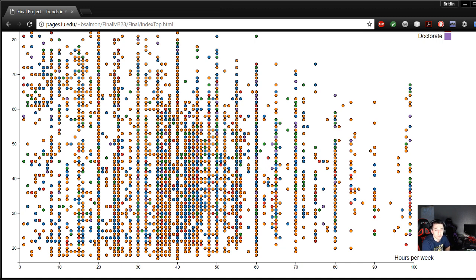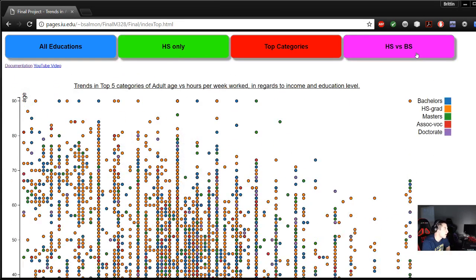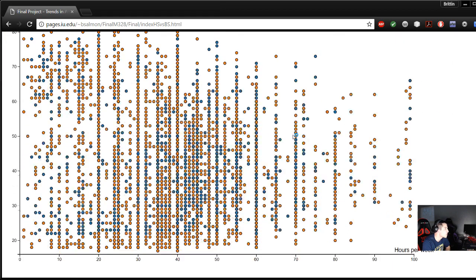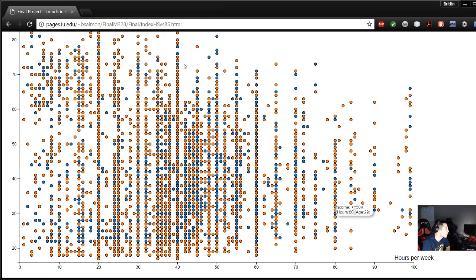That's something we assumed, but we were able to prove throughout the visualization. One of the other things we went to look for is if high school versus a bachelor's degree had a large difference. We noticed there's a lot more high school points because the people that reported this data apparently all graduated high school and not as many of them went to college. But you notice that there's a large amount of the blue dots here and less as you go this way.